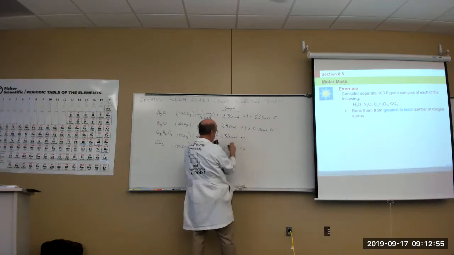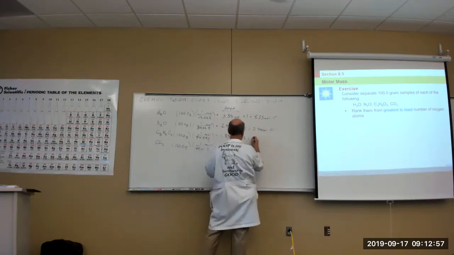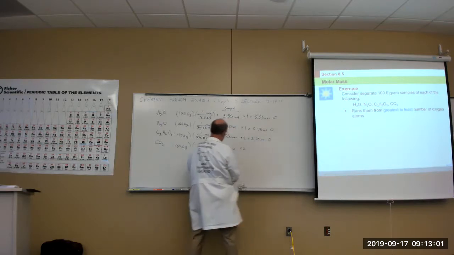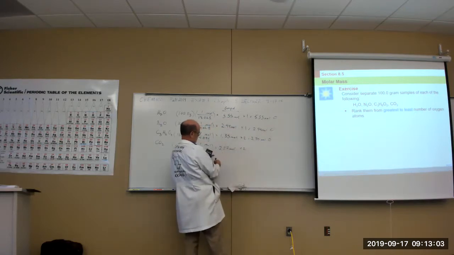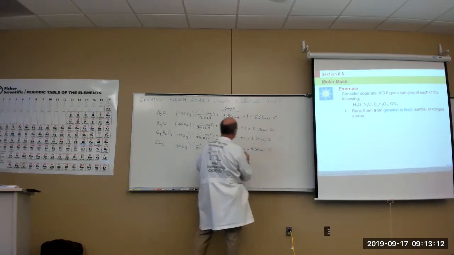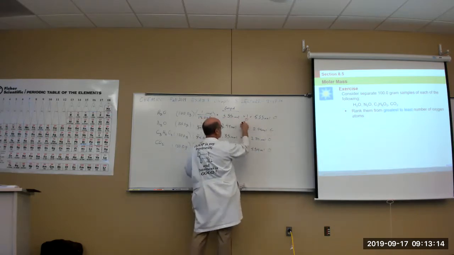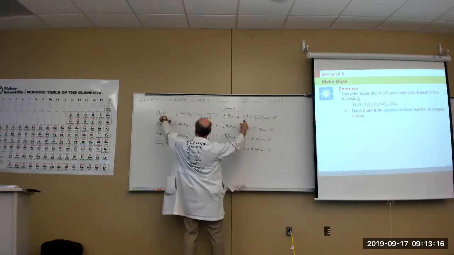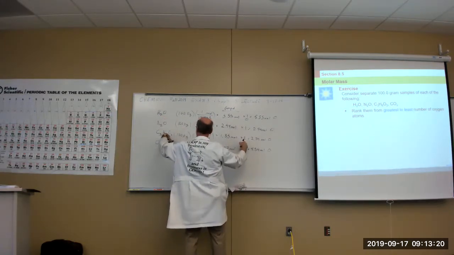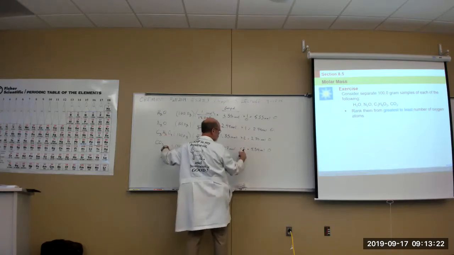This one's going to be 2 times that, which is 2.70. And this is going to be 4.54. How do you know what the times are? Or was it like times 2? This is 1 oxygen per mole. This is 1 oxygen per mole. This is 2 oxygens per mole. And this is 2 oxygens per mole.